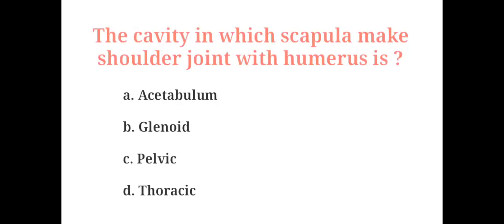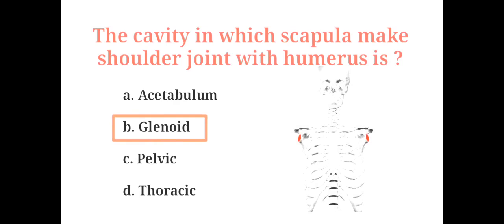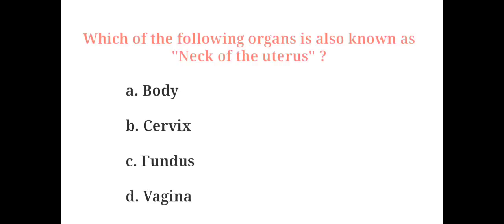The cavity in which scapula make shoulder joint with humerus is. The correct answer is B. Glenoid. Which of the following organs is also known as neck of the uterus? The correct answer is B. Cervix.